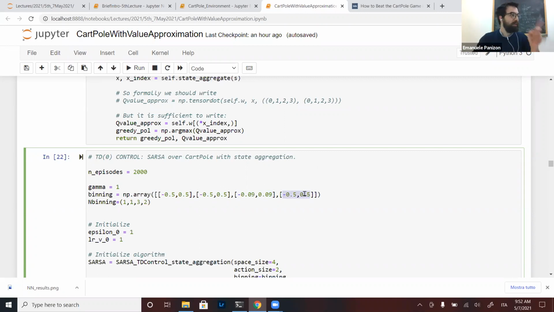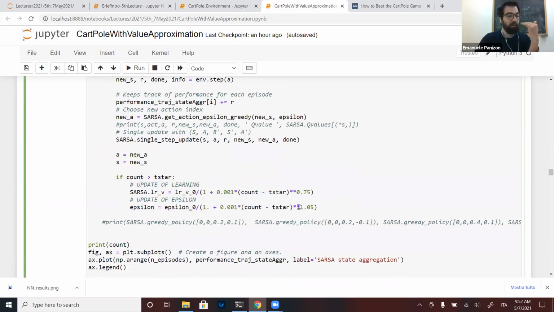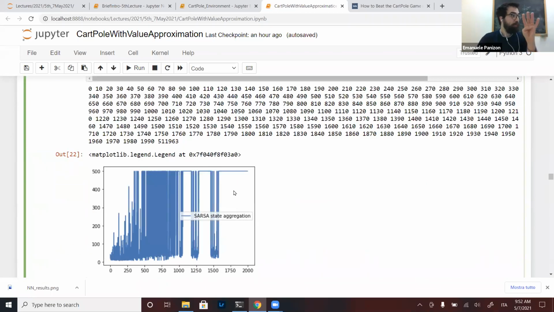Because this is the velocity of the tip, and I just need to know if it's negative or positive. So this strange binning is able, in a minimal sense, to see if the angle is very close to 0, and if the pole velocity at the tip is negative or positive. And this is sufficient information from the 4-dimensional real numbers I had as a state to create a perfect policy.